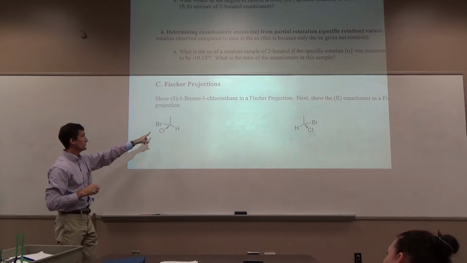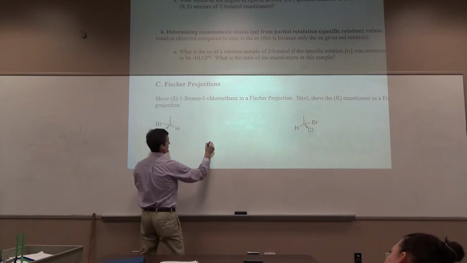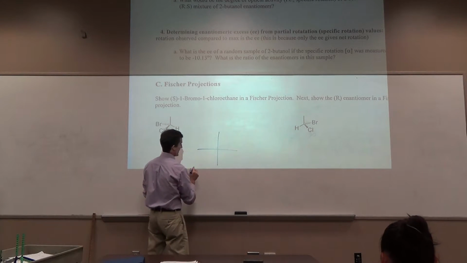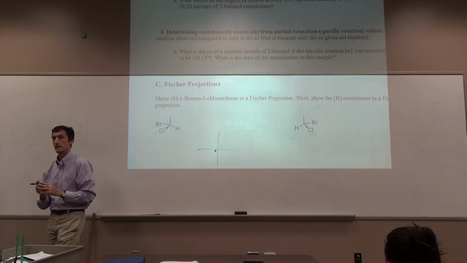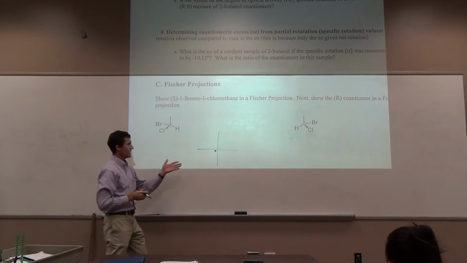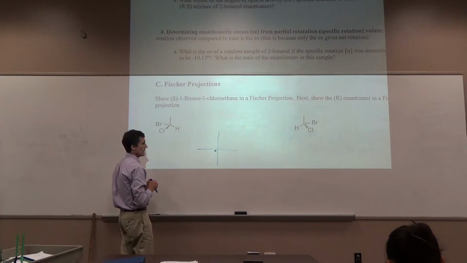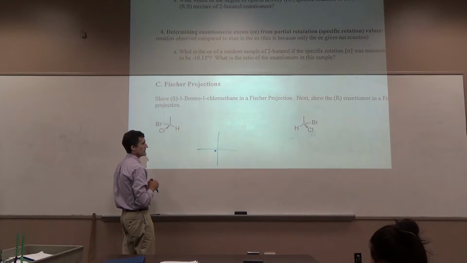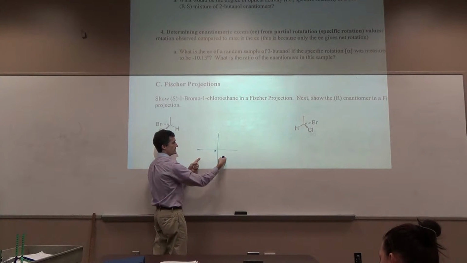You need to look at this differently. Let's draw this in a Fisher projection, as it shows up here. A Fisher projection is where you draw just crosshairs, and the chiral carbon is at the crosshair. If you have multiple chiral carbons, you'll have multiple crosshairs. Whenever you see the crosshair, it has built-in meaning.